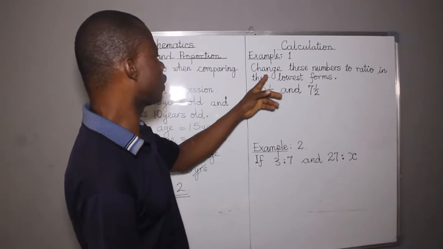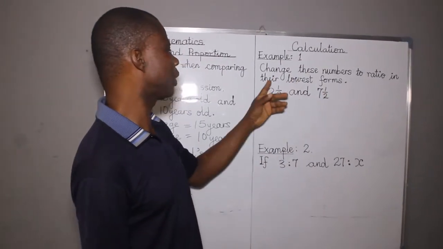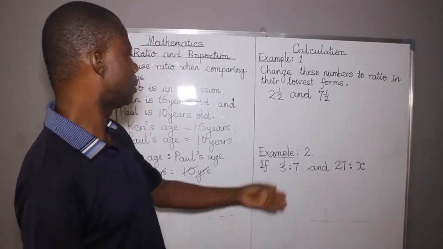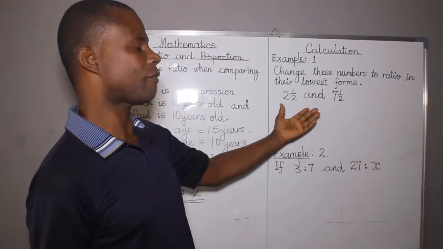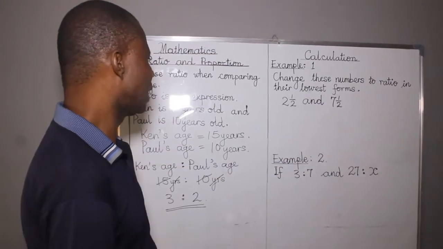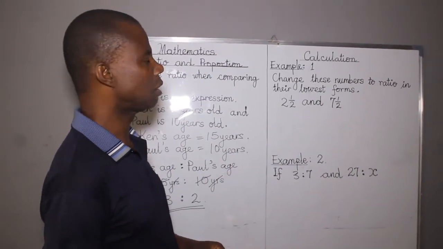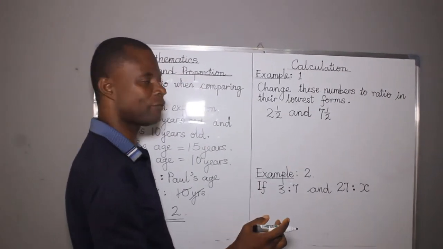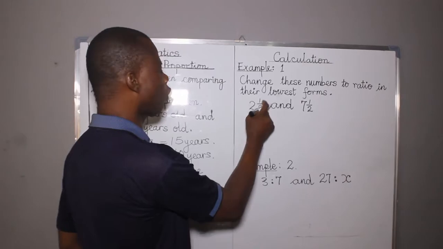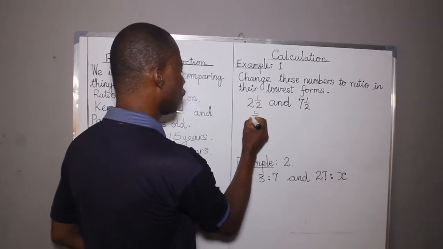Example 1. Change these numbers to ratio in their lowest forms. We have, for instance, 2½ and 7½. These are fractions. They are not whole numbers. And they are mixed numbers. So we change first to improper fractions. 2 times 2, 4 plus 1, 5 over 2.